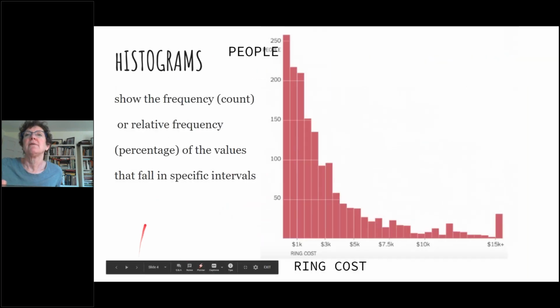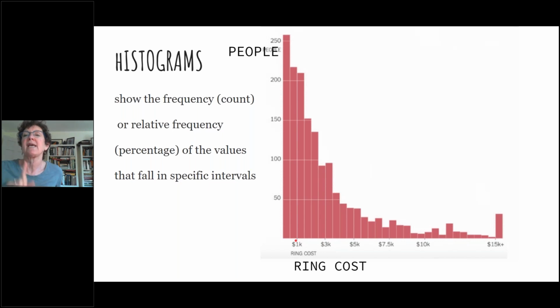Those are histograms, and the difference between them and a bar graph is that this piece down here is a band of numbers. It's not the same as a single category, like the bank manager on Monday. That was one thing, not a spread of things.